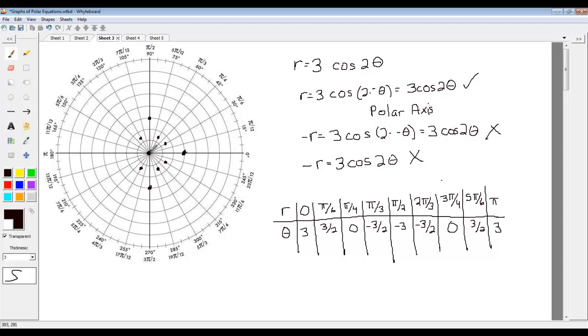Okay. 5 pi over 6, you're going to have 3 halves. So you're going to be here. But then you can reflect across, and you'll be here. I do double check, make sure I didn't forget anything so far. Okay. And then for pi, you'll be at 3. 1, 2, 3. That's it.